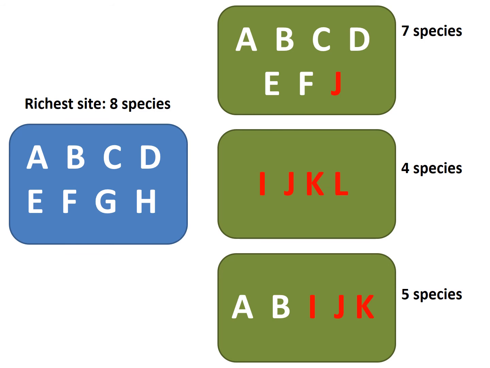However, if we're looking at this from a complementarity perspective, we can see that the second patch has more unsampled or new species than either of the other 2 options. Indeed, all 4 species in that second green patch don't occur in the richest site. Therefore, this second green patch has the highest complementarity.